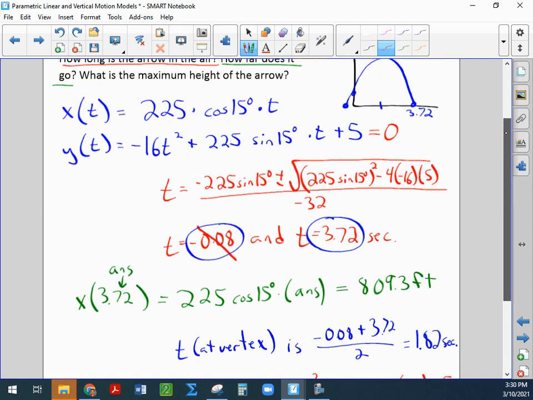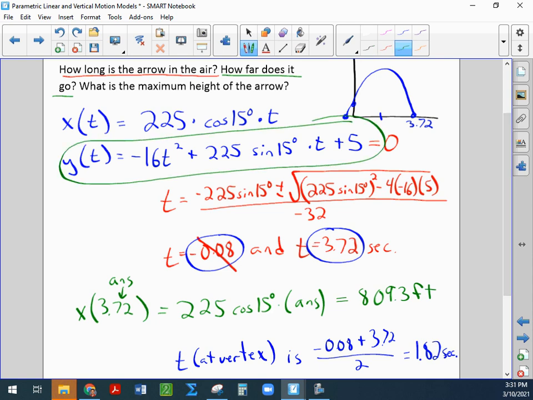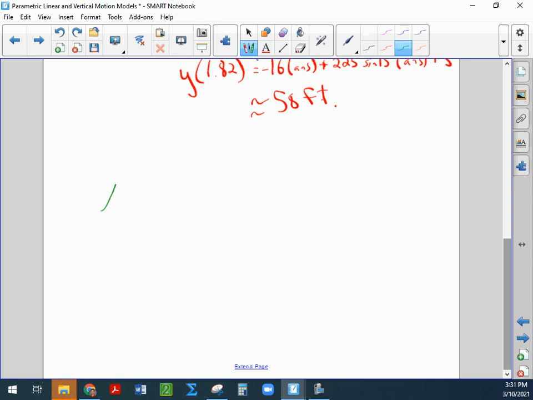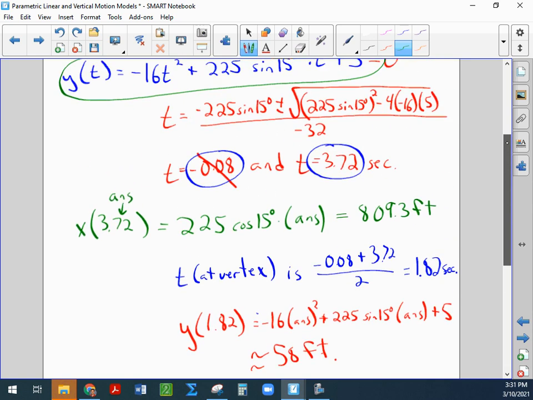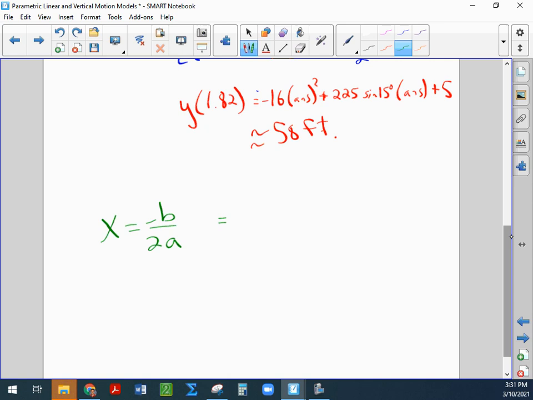Another way to do that is to take my equation for my vertical height versus time and just find the vertex. So we have a vertex formula back from algebra 1, x equals negative b over 2 times a. And so you could do that as well. Besides finding the two intercepts, you could do that. So 225 sine 15 degrees is negative b.